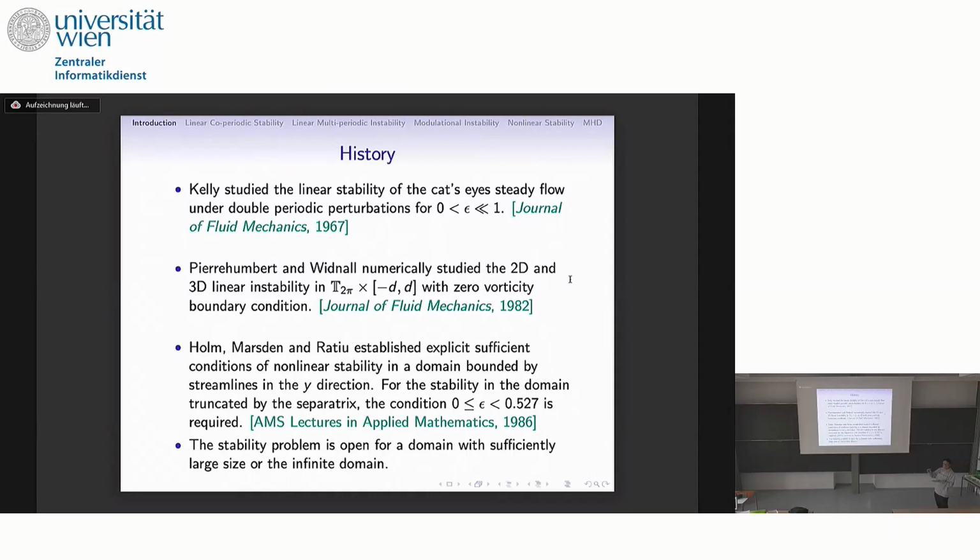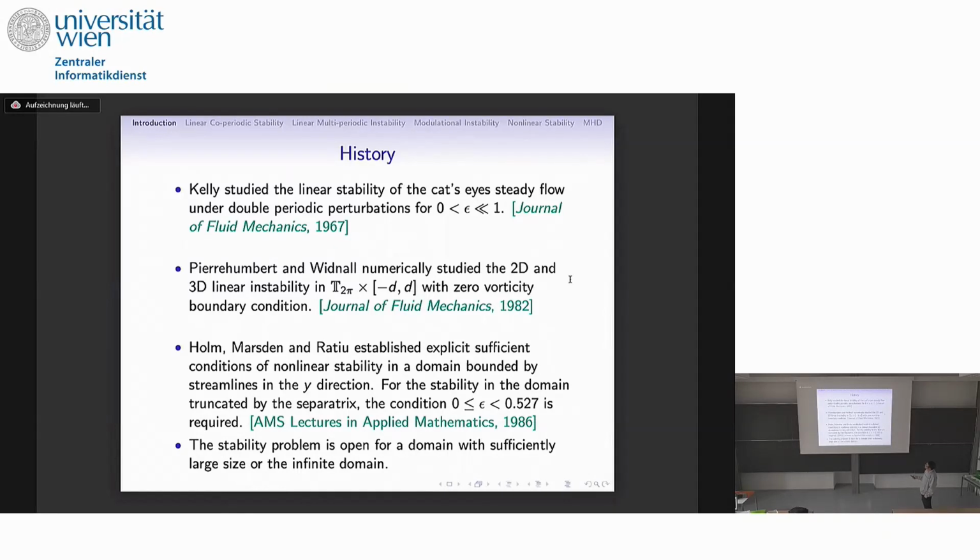truncation of the domain because the y direction is from minus infinity to infinity. They truncated the y direction to be a finite interval from minus d to d. Then at the artificial boundary, the vorticity is 0 on the boundary. But they could do some numerics to find linear instability for both 2D and 3D perturbations.